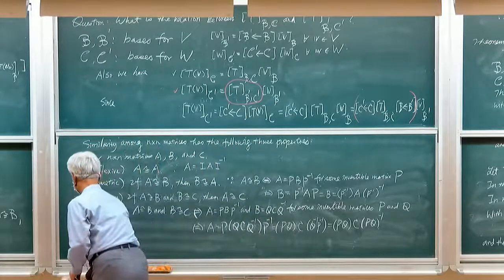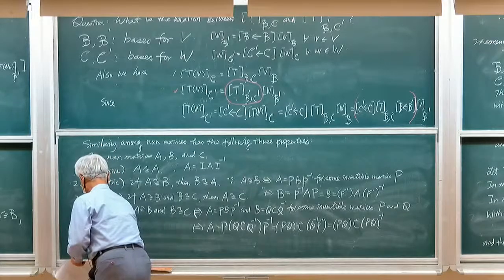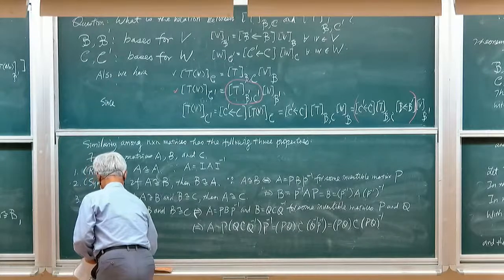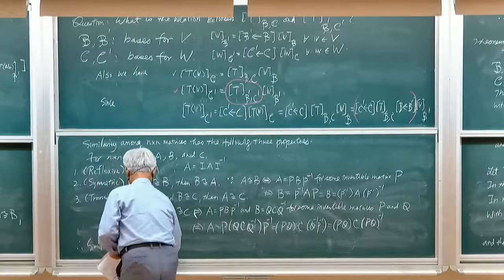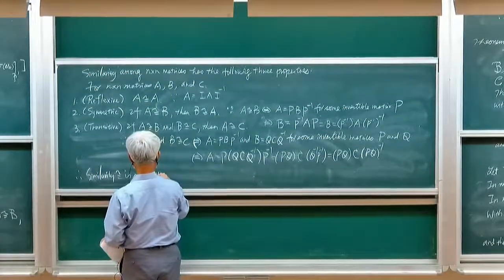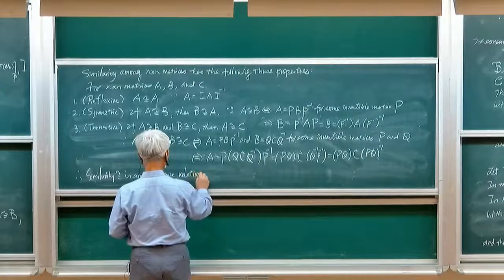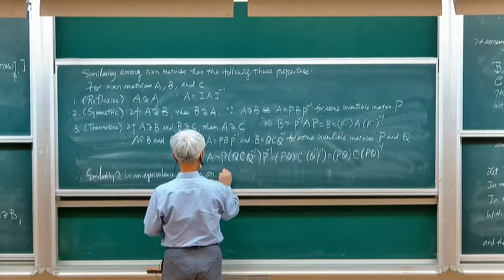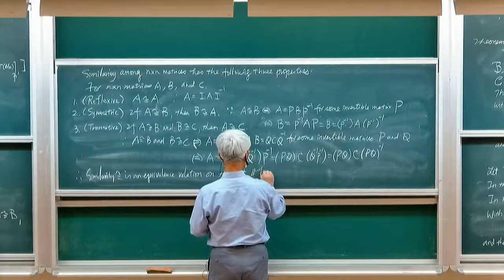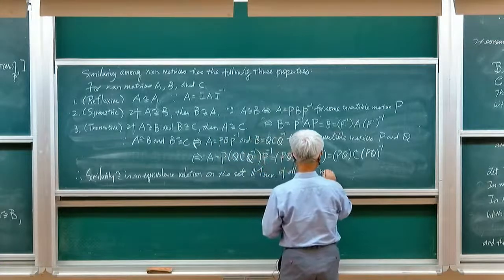So the conclusion is that similarity is an equivalence relation on the set of all n times n matrices.